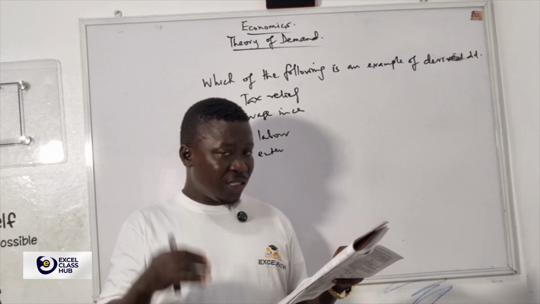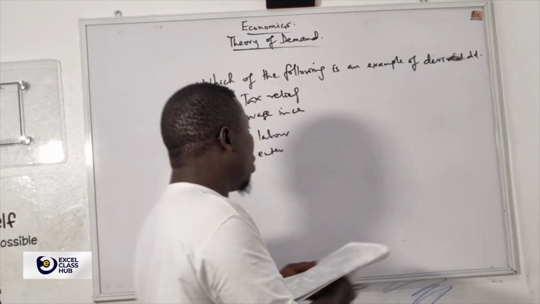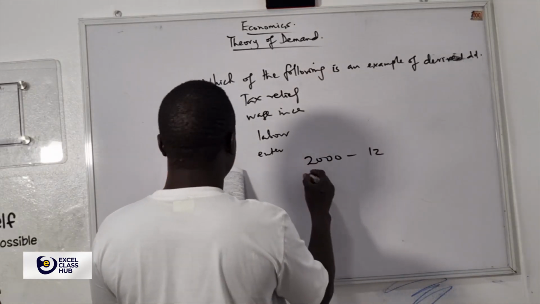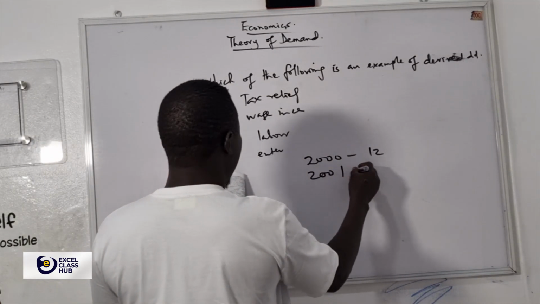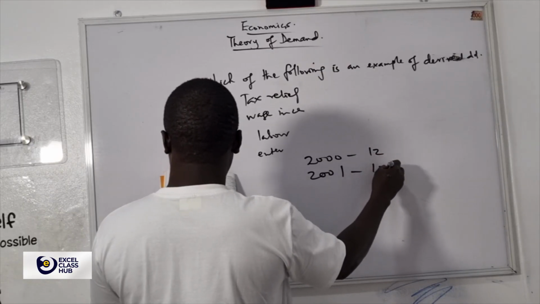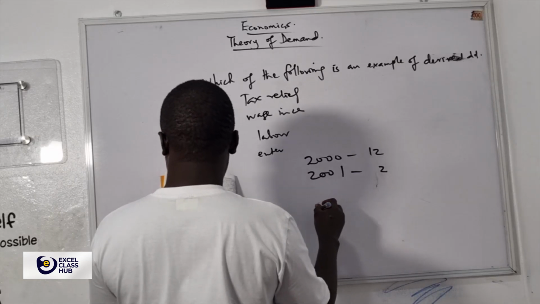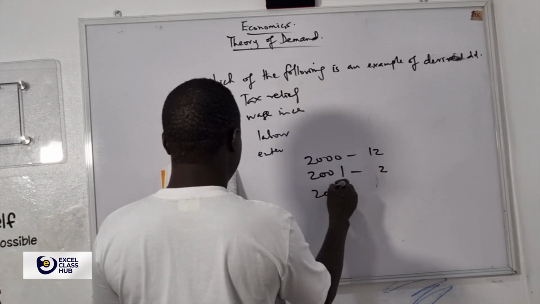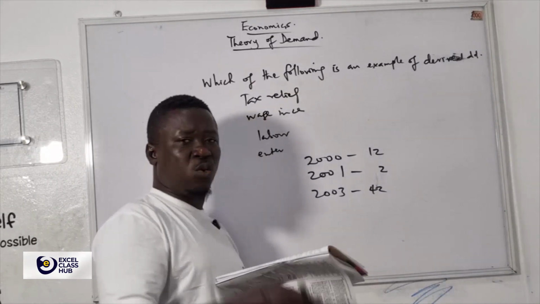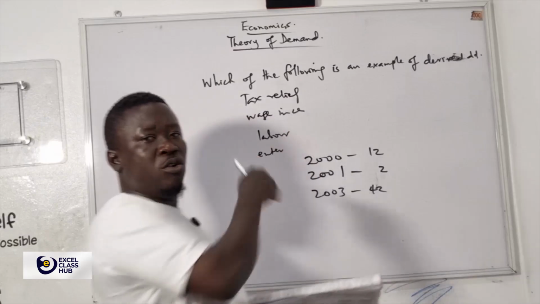You will see the question as it repeated in those questions. 2000 question 12, 2001 question 2, 2003 question 42. Go and check all these questions. You will see questions under derived demand. I will explain the three now with this one on the board.